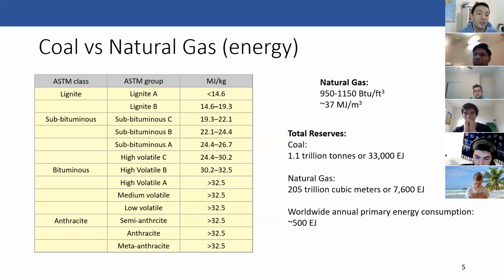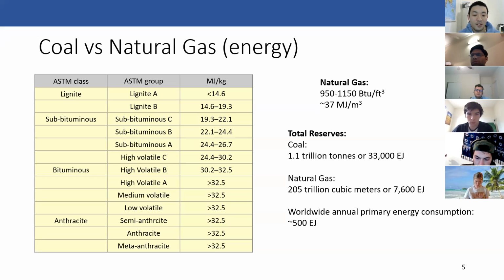But right now, the approximate reserves for coal are about 1.1 trillion tons or 33,000 exajoules. And for natural gas, it's about 205 trillion cubic meters or 7,600 exajoules.